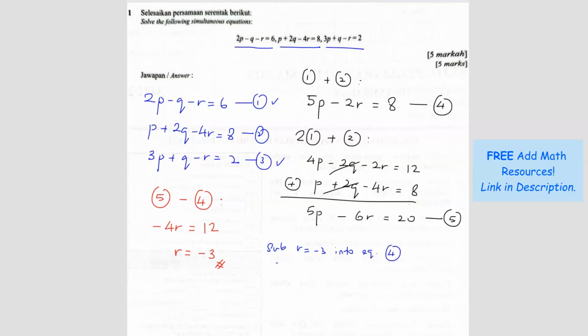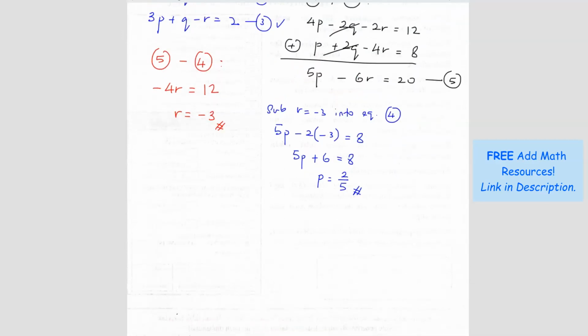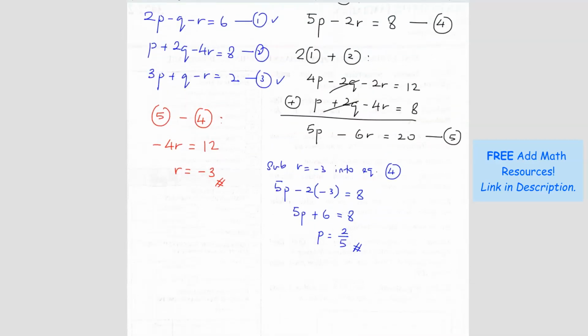So I will get 5P minus 2R, R is negative 3, equals to 8. So 5P plus 6 equals to 8. So what I'll get is P equals to 8 minus 6 is 2, so 2 over 5, or 0.4.